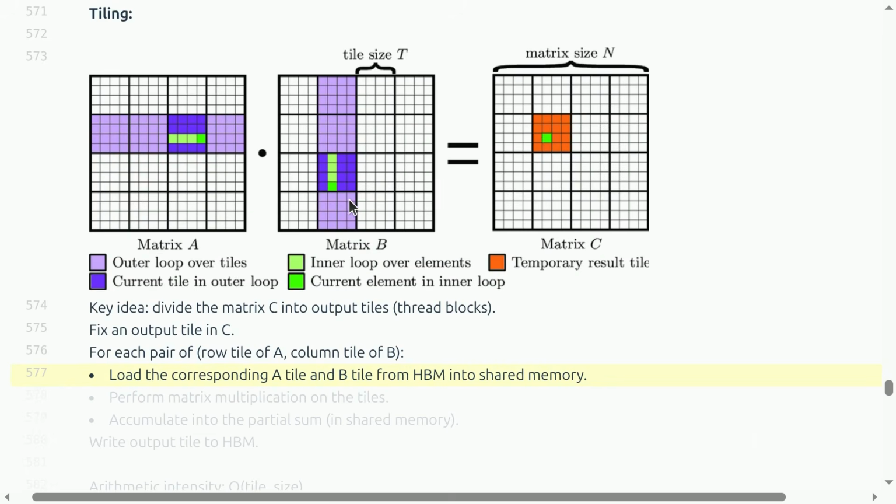I'm going to multiply these two together, like the idealized approach, and I'm going to accumulate that in the partial sum, and this is all sitting in shared memory. And then after I finish the whole sweep of the row and the column, I can finally write this output tile to HBM.